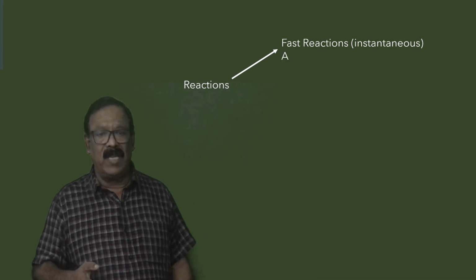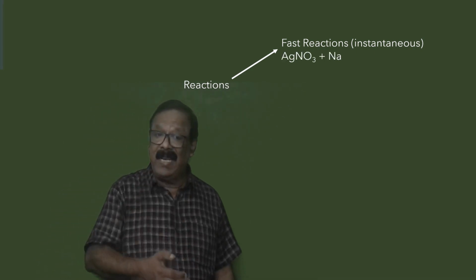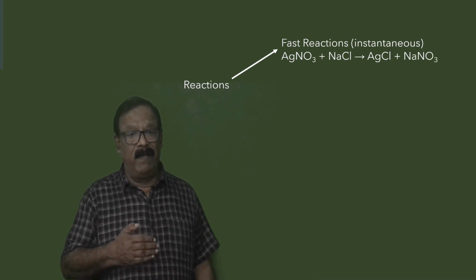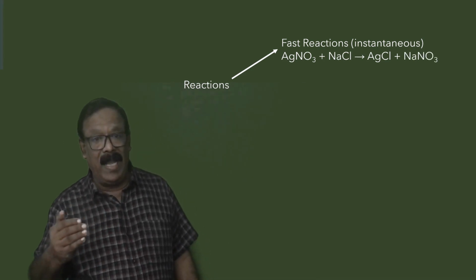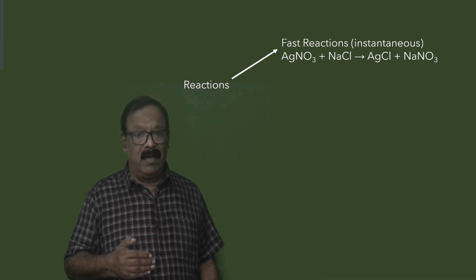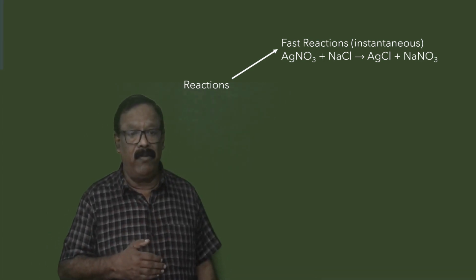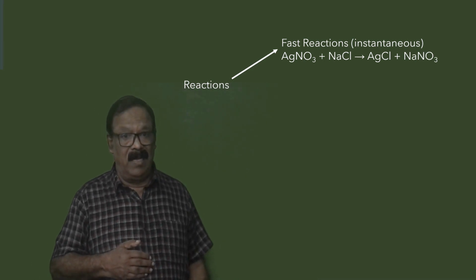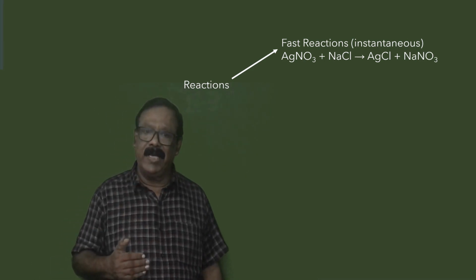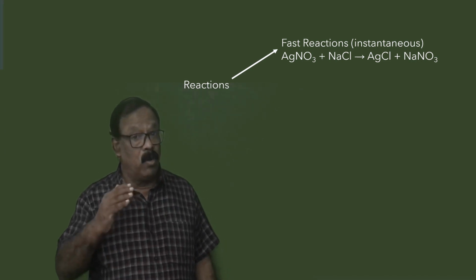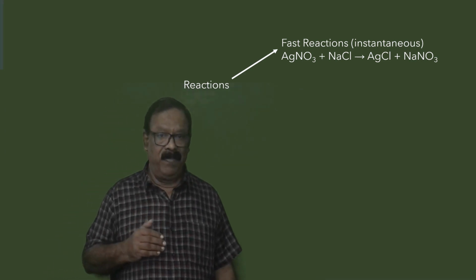One most common fast reaction is silver nitrate combined with sodium chloride forming AgCl and NaNO3. Immediately on mixing the solutions, you will get the precipitate of silver chloride. This is a very fast reaction and we cannot measure the rate of reaction using ordinary methods.